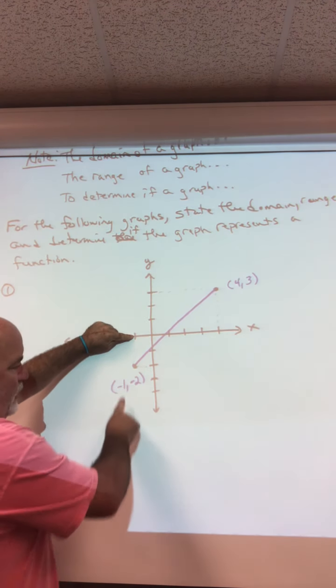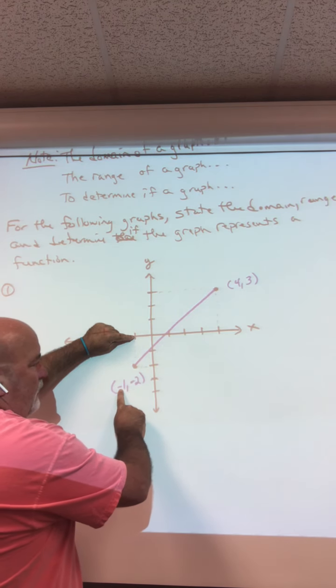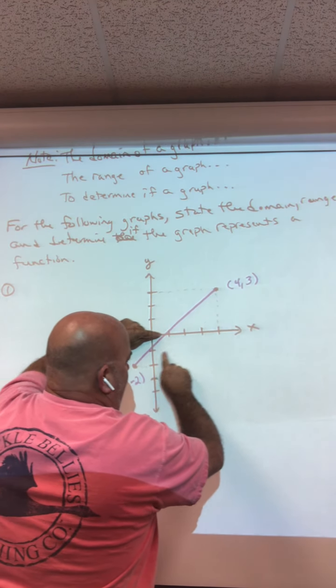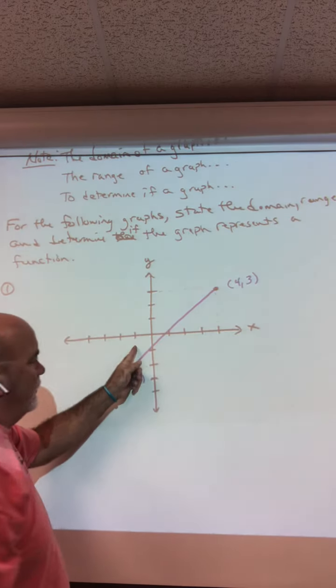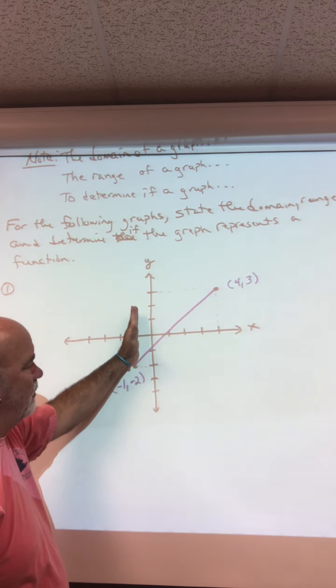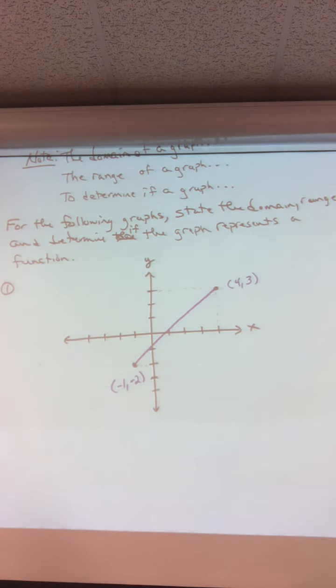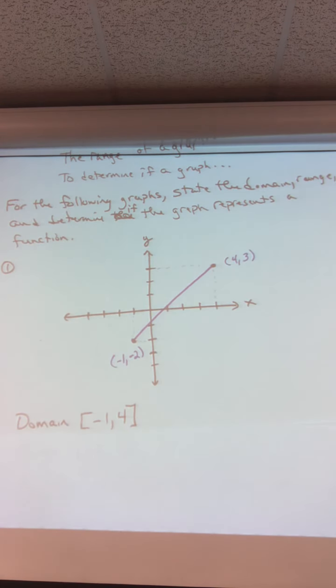So your first number in that first ordered pair is -1. Now, how far does it go right? So it goes right until you get to over here, to that X number here. So the domain is all the numbers from -1 over to +4. That's how far the graph goes from left to right. And it has to be in that order.